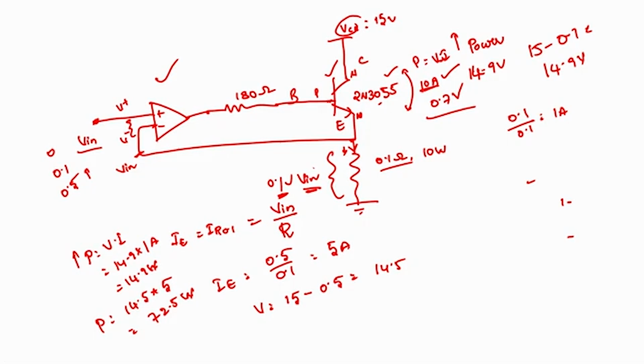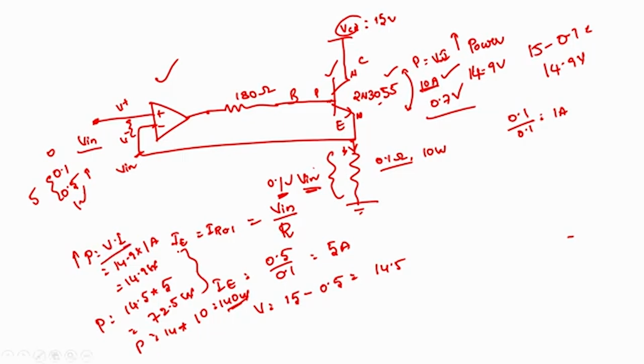That is an increase of 5 times; it is increasing drastically, almost 5 times, even though the voltage drop is decreasing. Imagine if it is 1 volt. Here the voltage drop will be 14 and the current will be 10, so 140 watts.